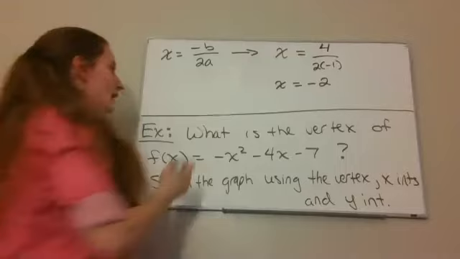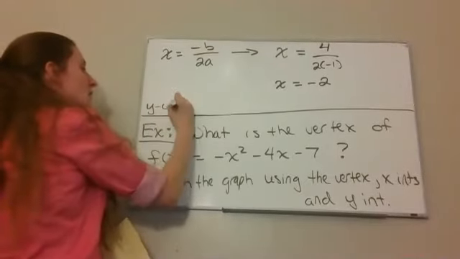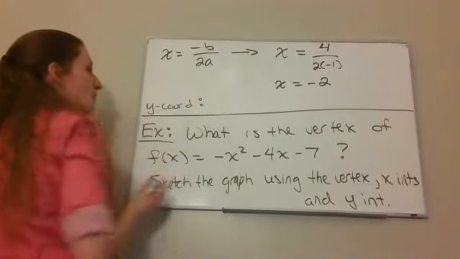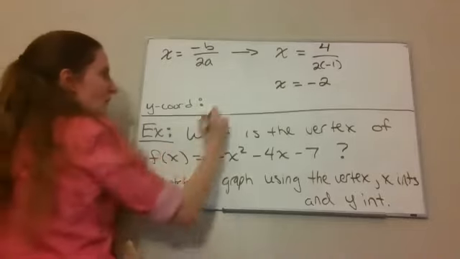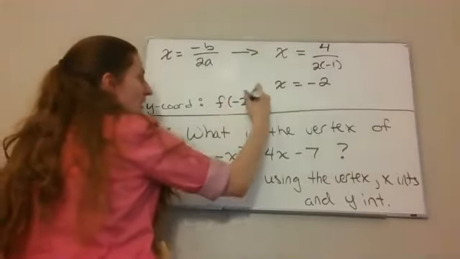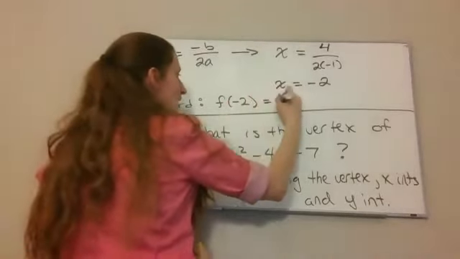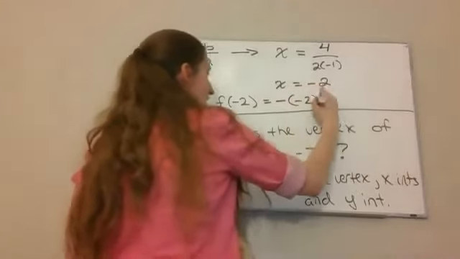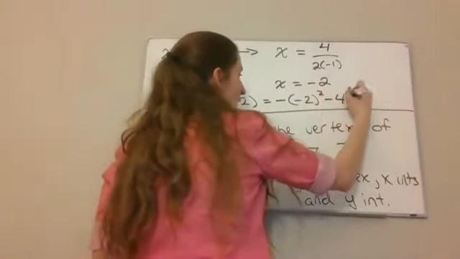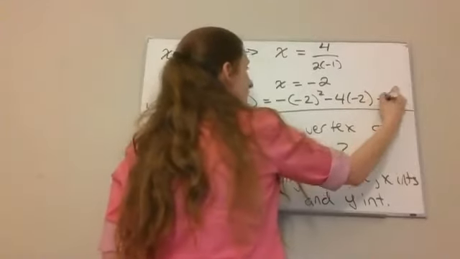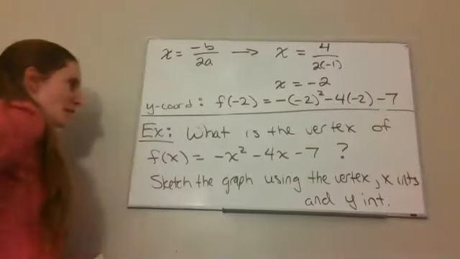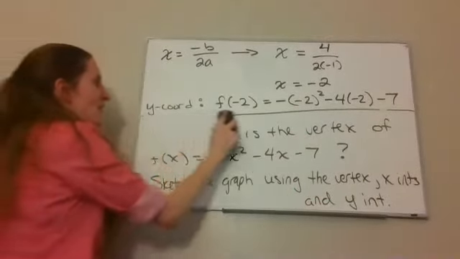To find the y-coordinate, we just have to plug that -2 into my function. f(-2) = -(-2)² - 4(-2) - 7. And then I just have to simplify that.